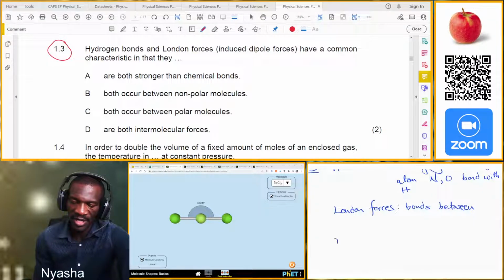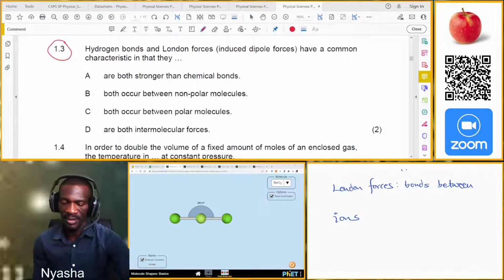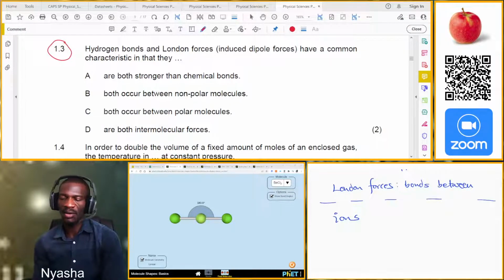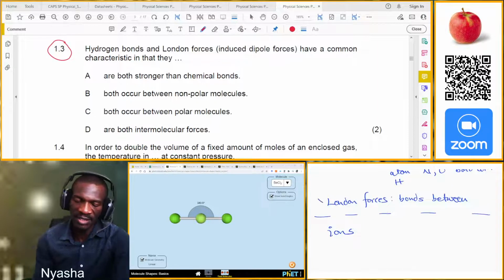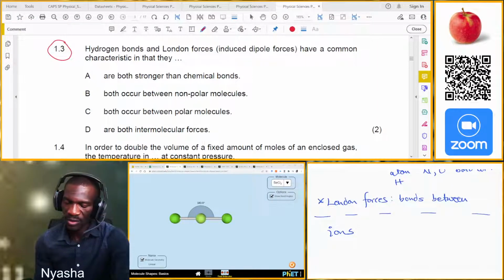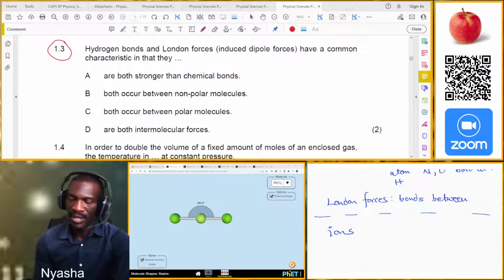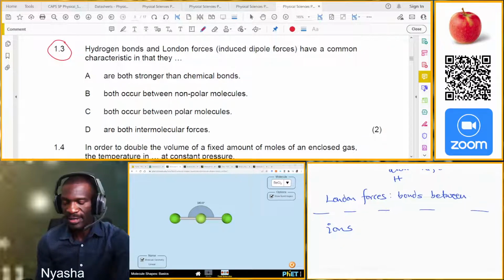So obviously we have ions, right? Somewhere there. So we just want to maybe categorize our types of bonds so that we can identify these London or induced dipole forces. Right, so we've got some ions.